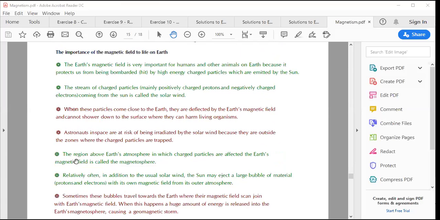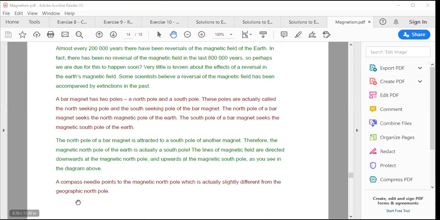Then we move on. The compass needle points to the magnetic North Pole, which is actually slightly different from the geographic north. So for you to find direction, you have to now add a couple of degrees to find the geographic north. Otherwise, the magnetic north will give you slightly different directions.